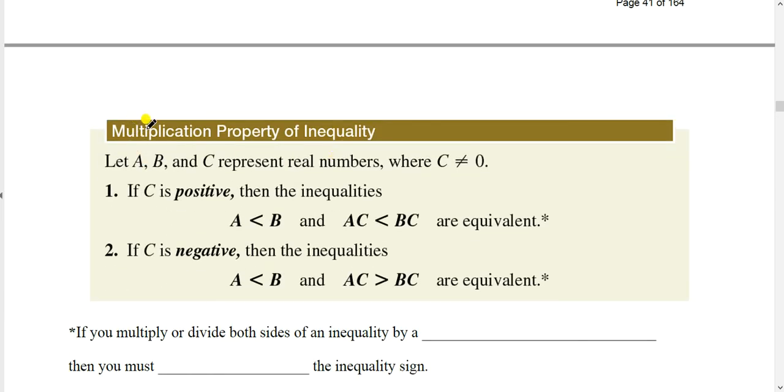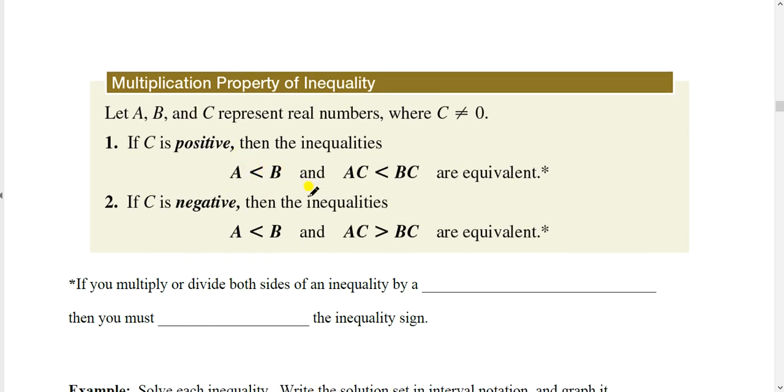However, for multiplication, if you multiply by a positive value c on the left and the same thing to the right, then they are equivalent. However, if you multiply by a negative value of c on both sides of the inequality, then you must reverse the direction of the inequality in order for the two inequalities to be equivalent.